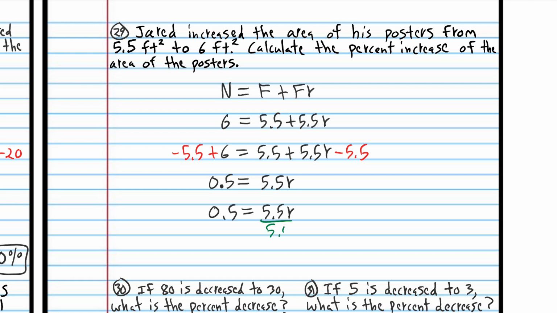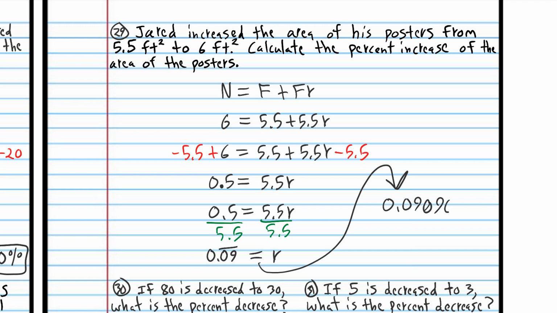All right, so we're going to rewrite that. And we're going to get what looks to be a repeating decimal. So r is equal to 0.09 bar. And I'm going to put a little arrow up here. So the percent is going to be 0.09090909. It just keeps going on and on and on.